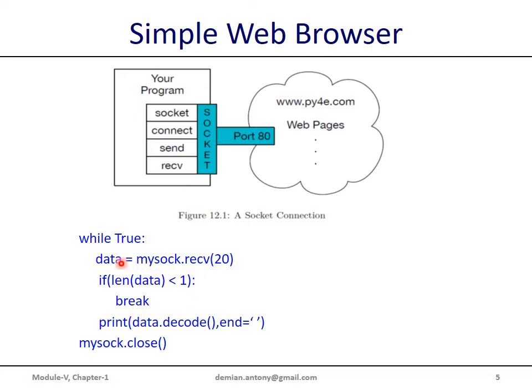Now you check whether the data length is less than 1, that means all data has been read. If this data has some bytes, then you decode the byte representation into the actual string representation, and then you print it with end as a space. And this has to be done till all the data is read from the server. And what is this receive actually? Whenever we use this method receive, it gets the data from the server buffer.